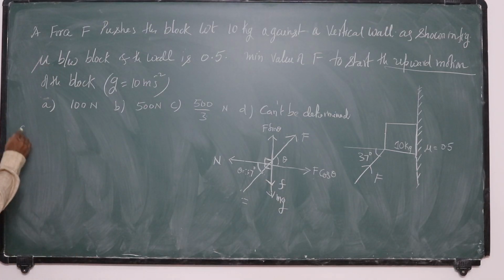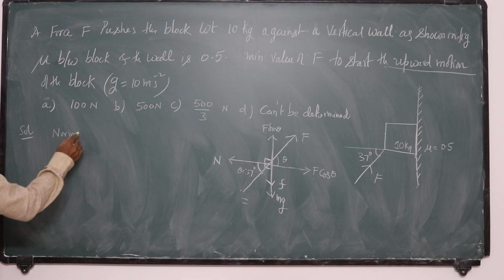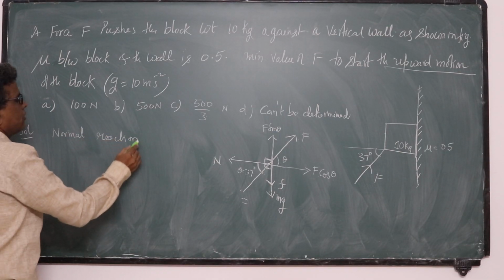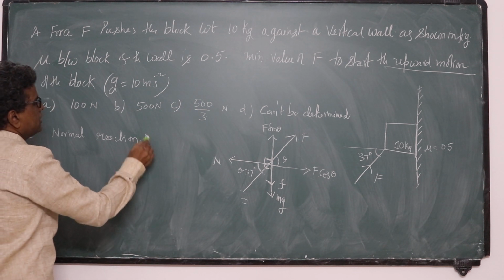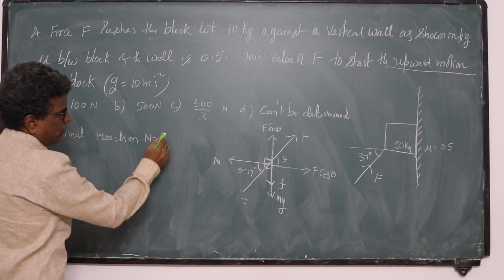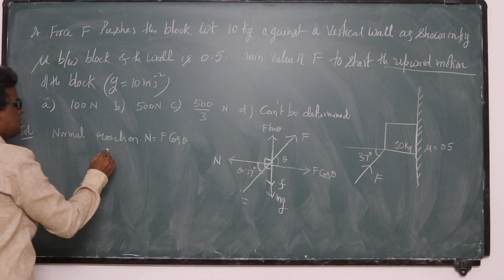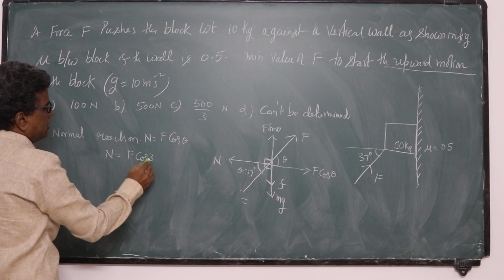So what is normal reaction? Force applied by the wall on the block. That is N equal to F cos theta, cos 37.